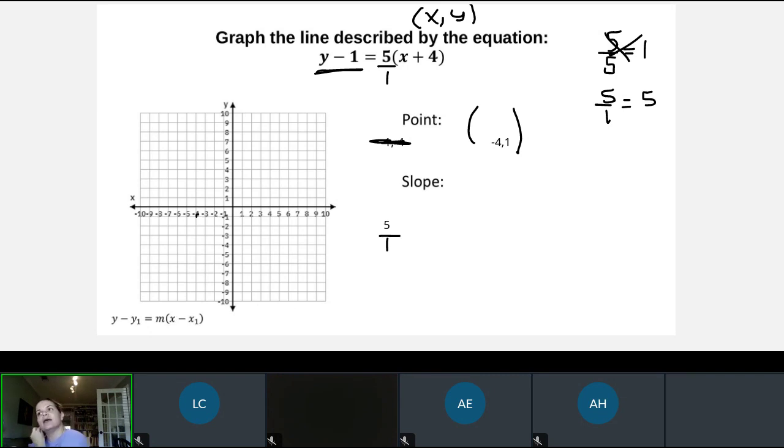So let's go ahead and plot our point at -4, 1. Just a second. Hold on. I think you're at -4, -1. Let's put it at -4, +1. There we go. Okay, there we go. Now you're going to go up 5 and to the right 1.